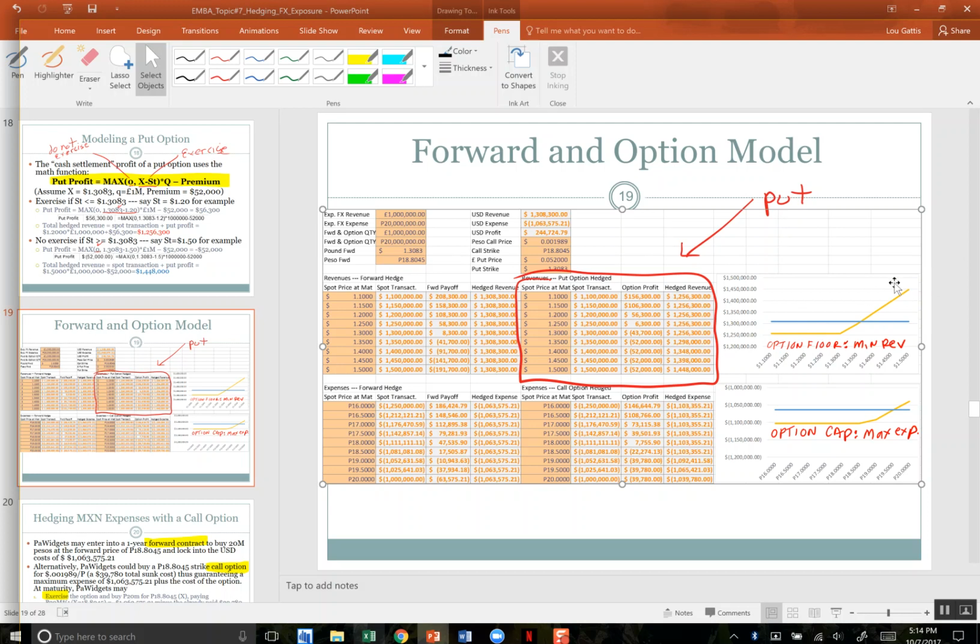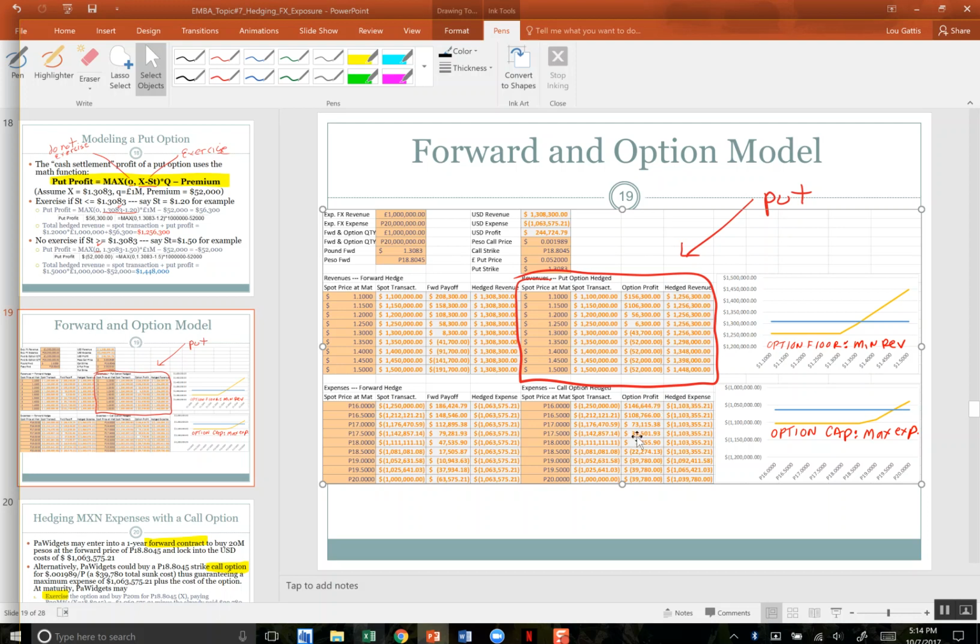So all this represents all those scenarios where you walked away from the contract and just took the really great exchange rate in the market. And I'll kind of finish with this graph here, and I'll let you just look at the formulas. The only difference between these spreadsheets is this one little formula right here. This is modeling the put. This is the expense.